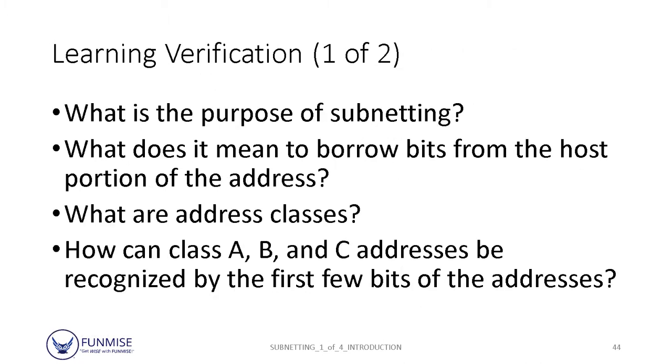Now, learning verification. What is the purpose of subnetting? What does it mean to borrow bits from the host portion of the address? What are address classes? How can class A, B, and C addresses be recognized by the first few bits of the addresses?